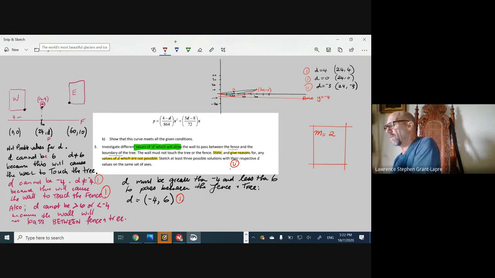So if it goes across 1, up 2, what is that angle?